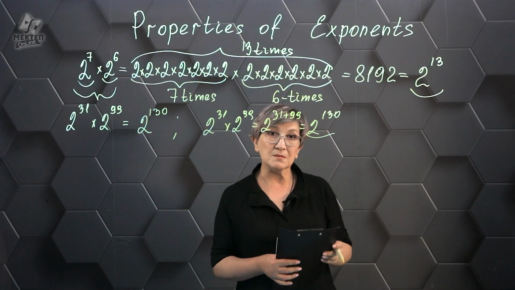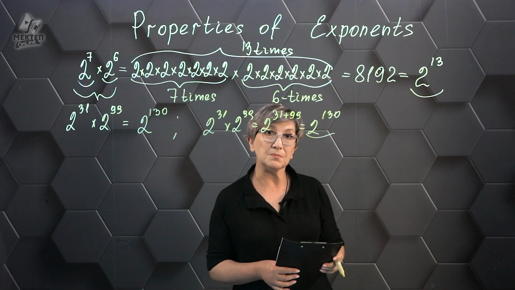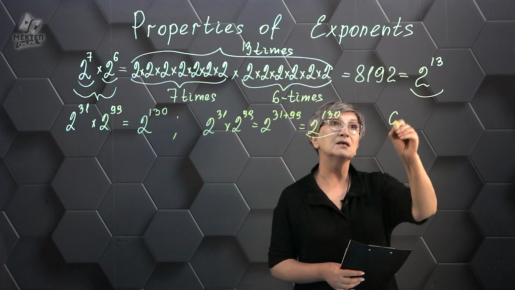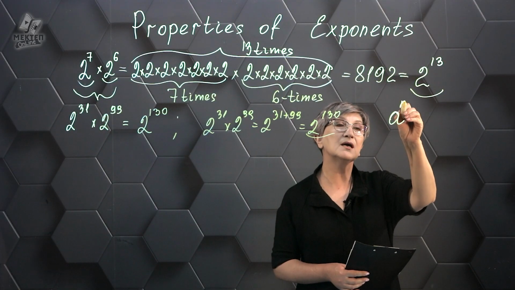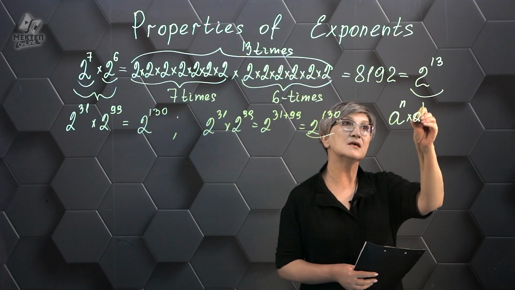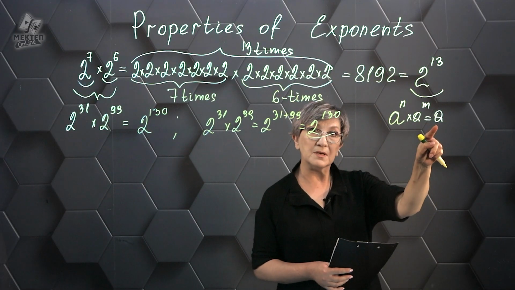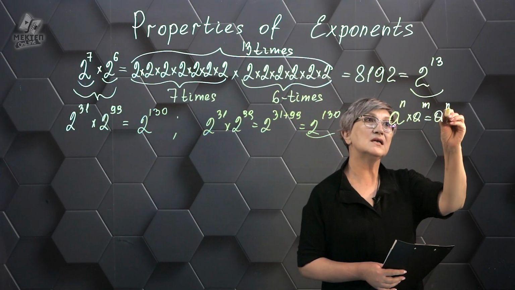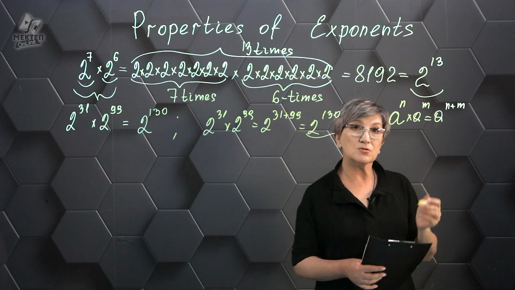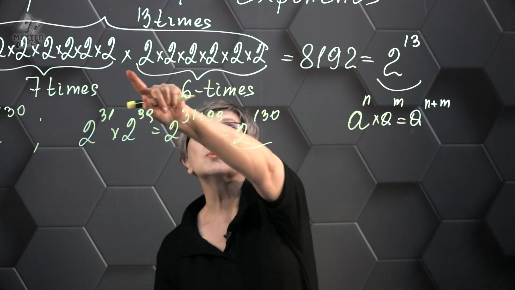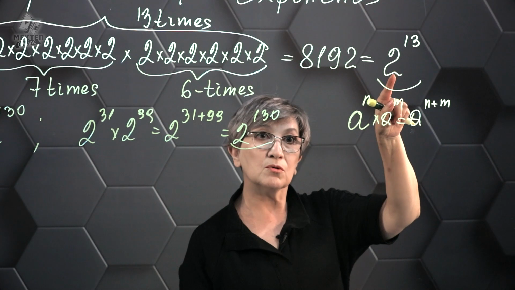So, mathematicians use the properties of powers, and they can be written in the following form. If we need to multiply a to the power of n by a to the power of m, I can keep the base of the power and add the exponents. The result is a to the power of n plus m, which is what I applied in the first and second example.